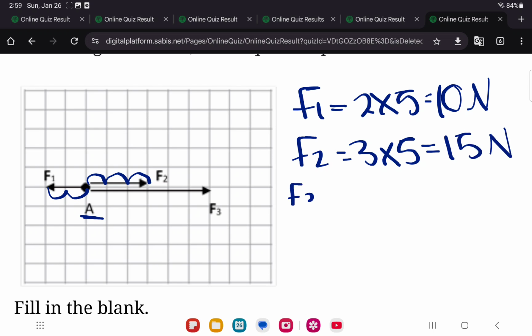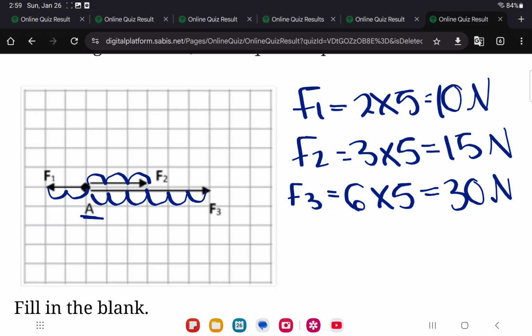And then F3 is 1, 2, 3, 4, 5, 6. So 6 times 5, which is 30 newtons.